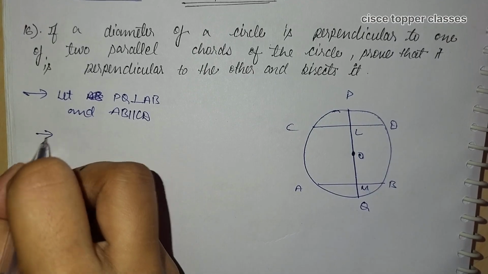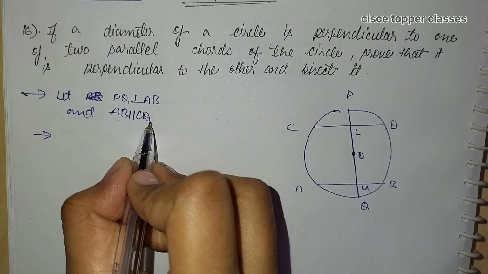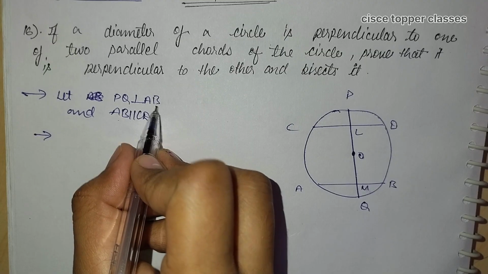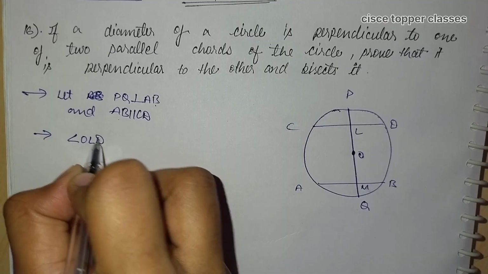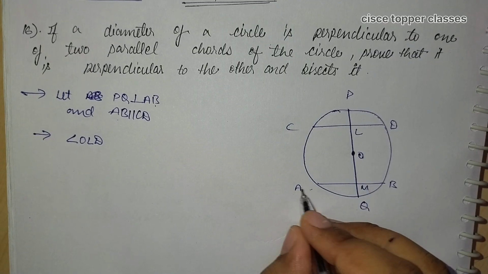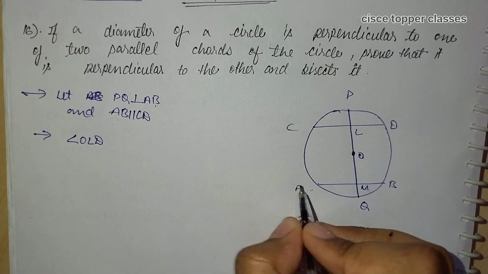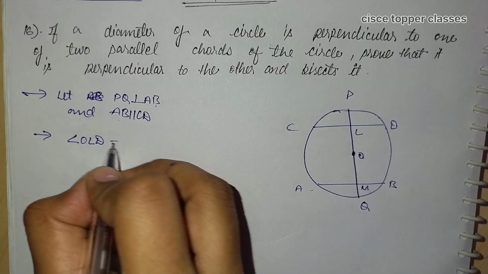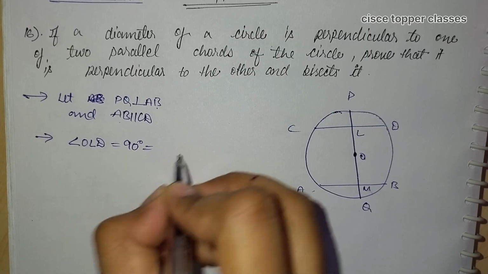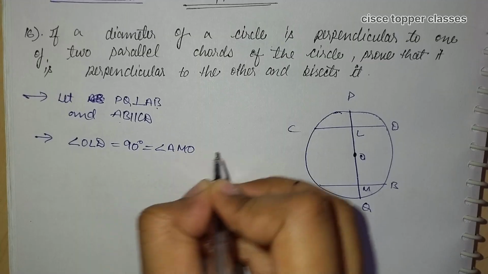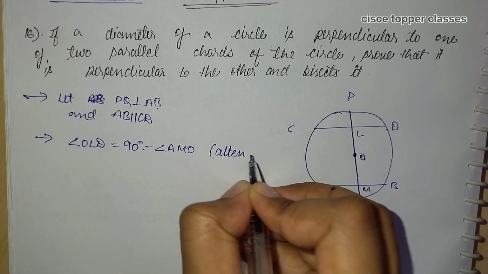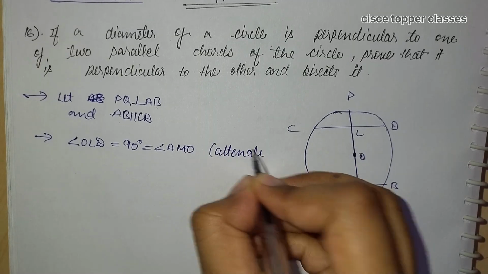From that we can say that if AB is parallel to CD and PQ is perpendicular to AB, then angle OLD, because PQ bisects AB perpendicularly, angle OLD is equal to 90 degrees, which is equal to angle OAM, because of alternate angles as AB and CD are parallel.